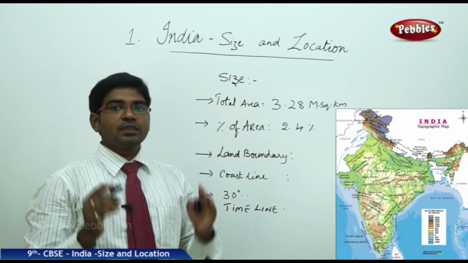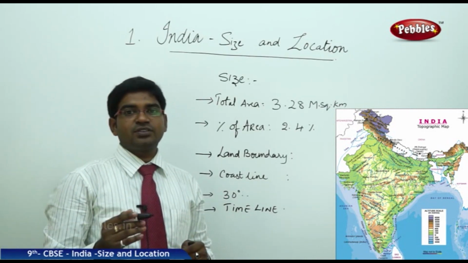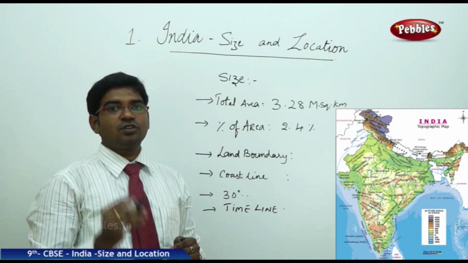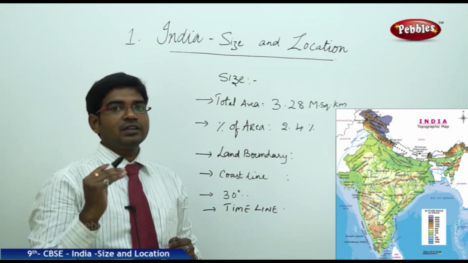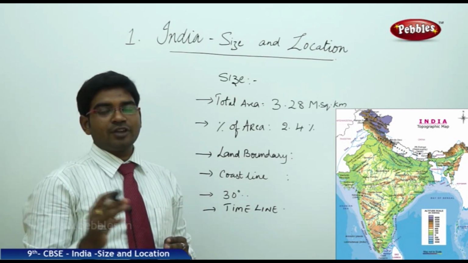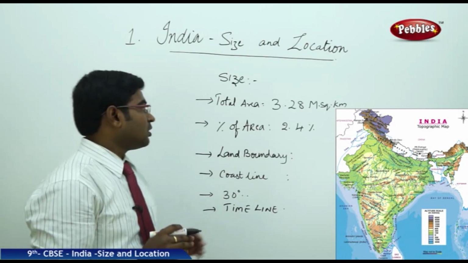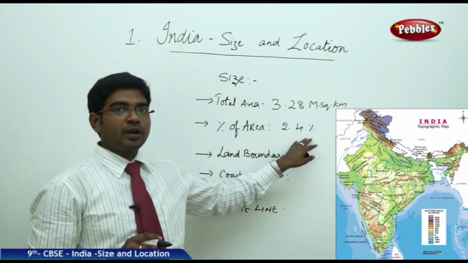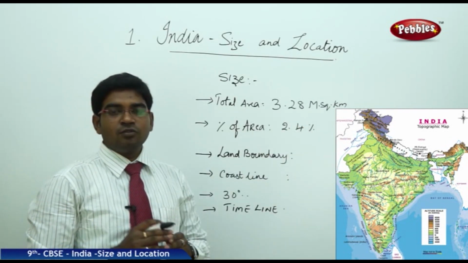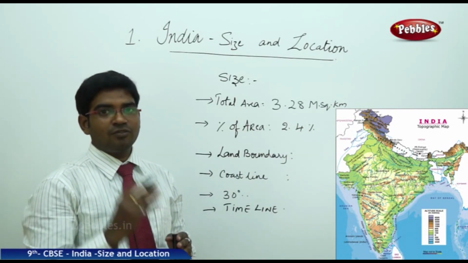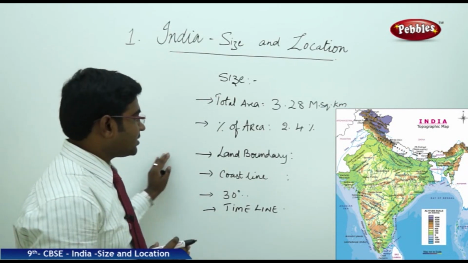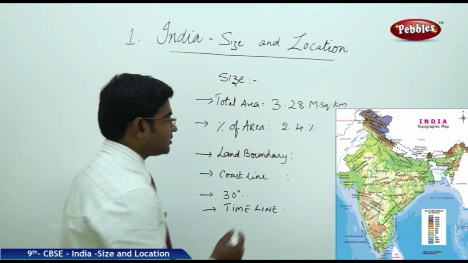So India is the 7th largest country in the world in terms of geographical area. India's total geographical area is 3.28 million square kilometers, which accounts for nearly 2.4% of the entire geographical area of the world's landmass.